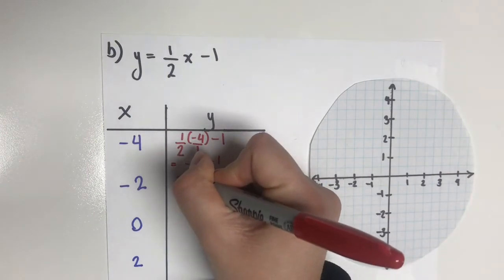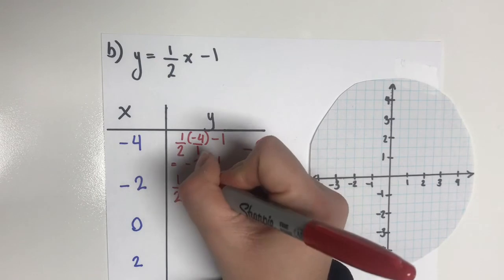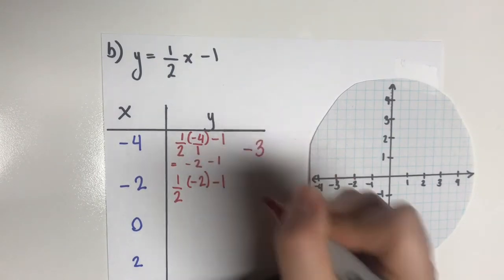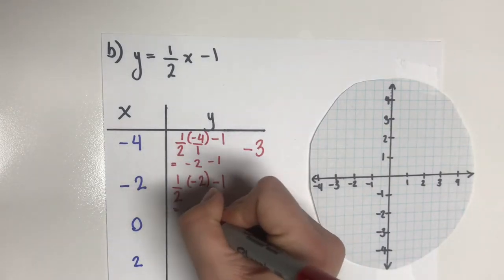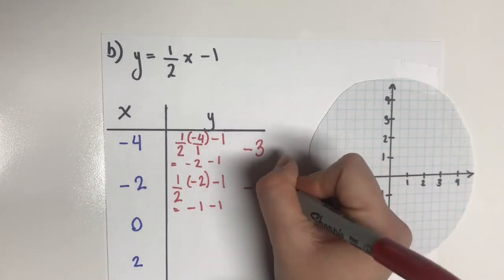Okay, next I'm going to do 1/2 again, but this time instead of -4, I'm going to put the -2. -2 divided by 2 is -1, minus 1 is -2.